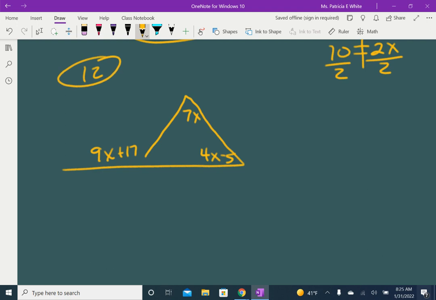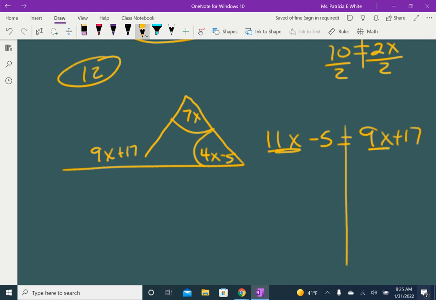Okay, hopefully you did 9. We're just about done. Again, I'm going to merge my like terms on my interior angles. So I have 7x and 4x gives me 11x minus 5, 9x plus 17. Okay, variables on both sides since they're on opposite sides of the equal sign.